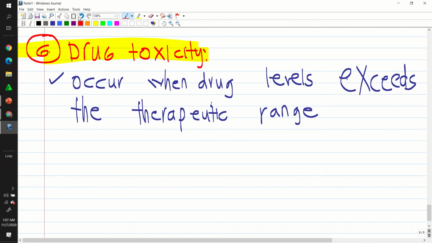So drug toxicity again occurs when drug levels exceed the therapeutic range. So that is about the therapeutic effect of a drug, the side effects, adverse effects, and drug toxicity.